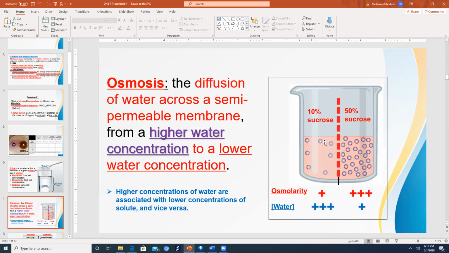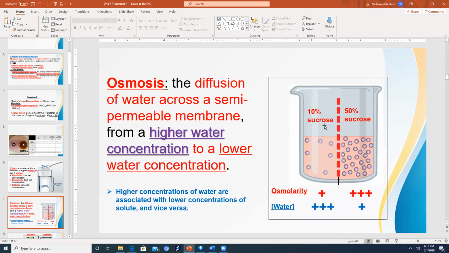Water moves from high water concentration to low water concentration. In this case, what do you think? Water is going to move from where to where? It'll move from the 10% to the 50% because it has a much higher water concentration. Absolutely.